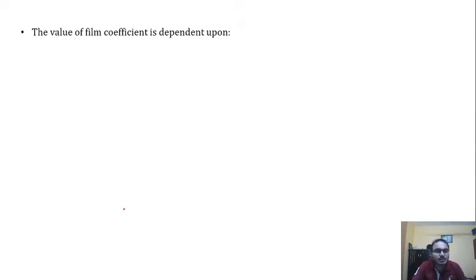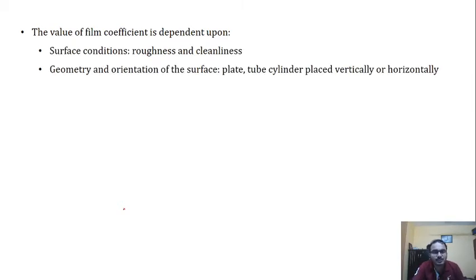Now the value of this film coefficient h is dependent upon, first, surface condition, that is roughness and cleanliness; second is geometry and orientation of surface, that can be a plate, a tube, a cylinder placed vertically or horizontally. So geometry as well as orientation is important.